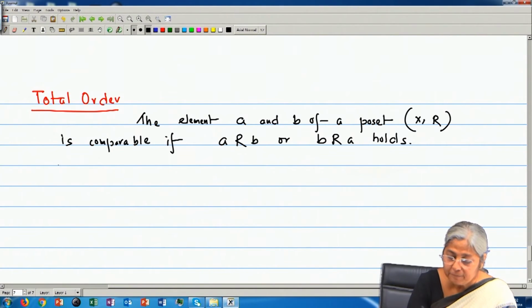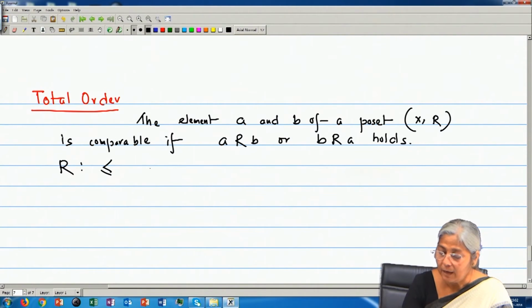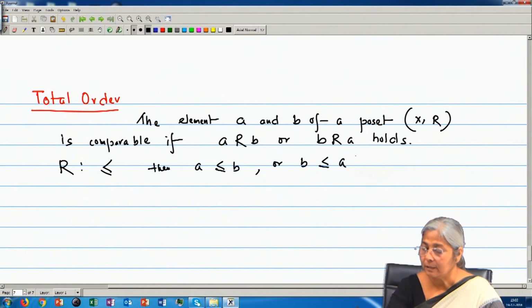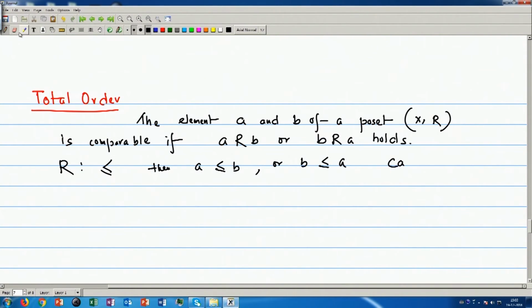That means, if I consider the relation R as less than or equal to, then either A less than or equal to B or B less than or equal to A holds, then it is comparable.